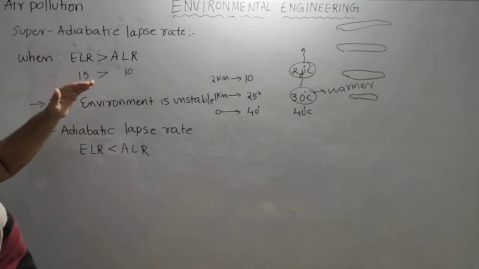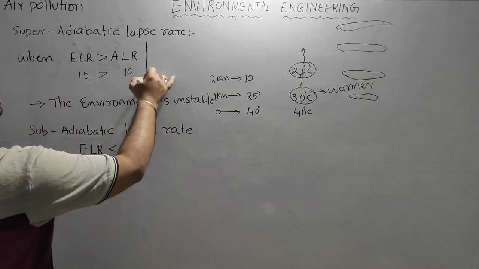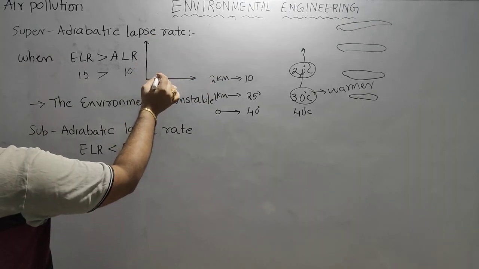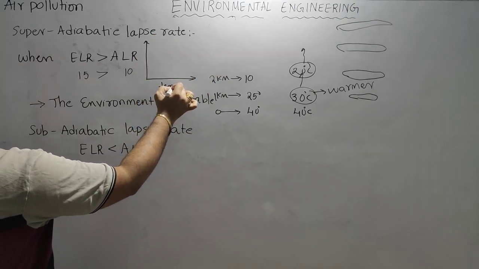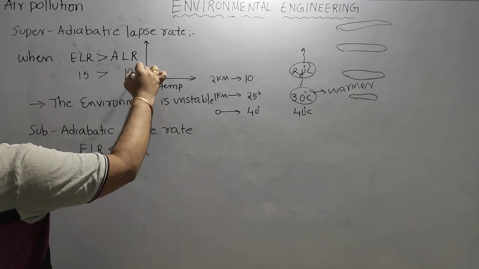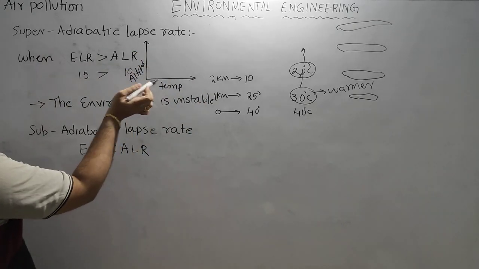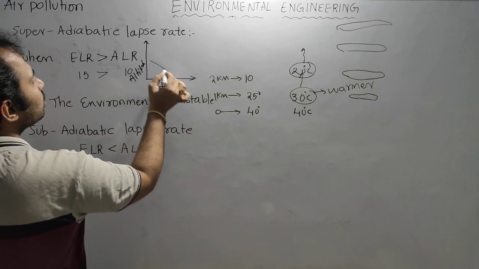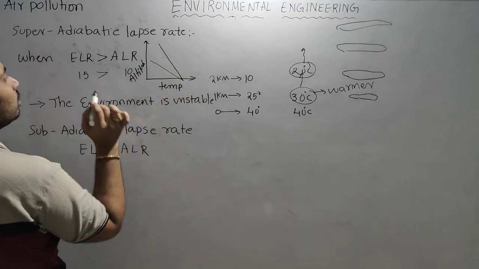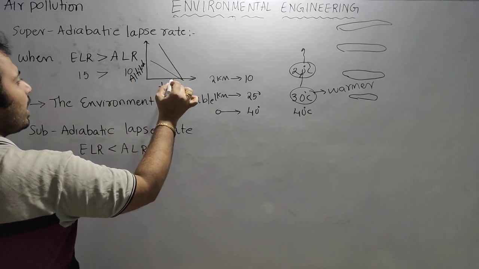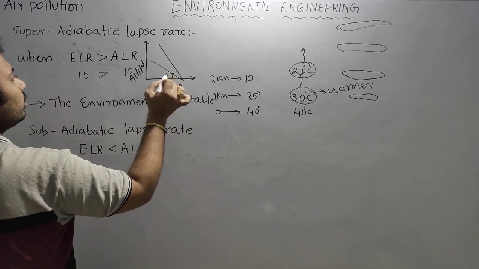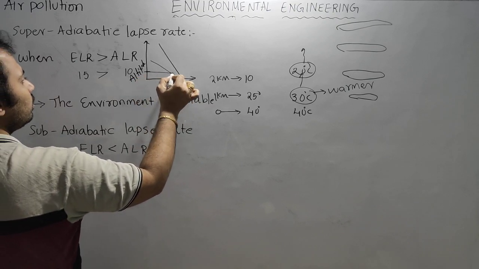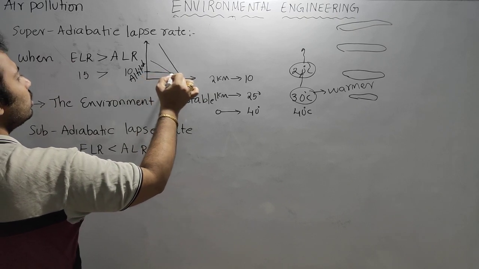If you look at the graphical representation, so this is temperature, this is altitude. For the same altitude, one is cooler, one is warmer.